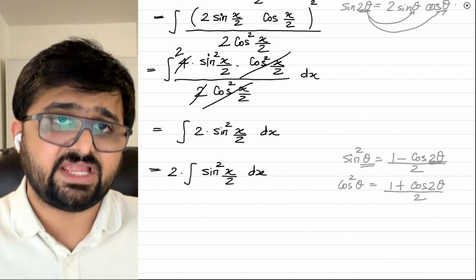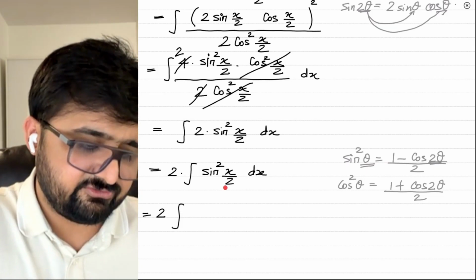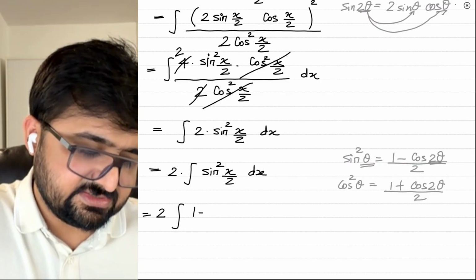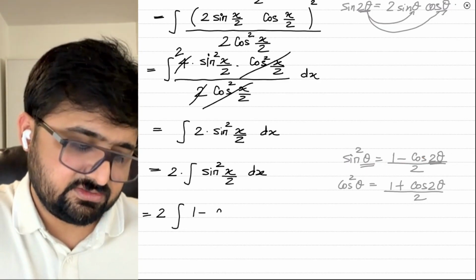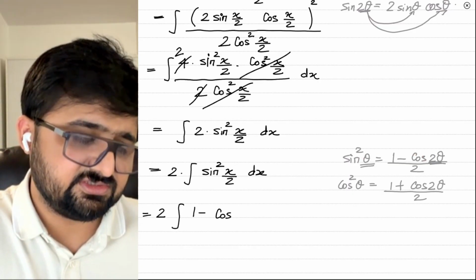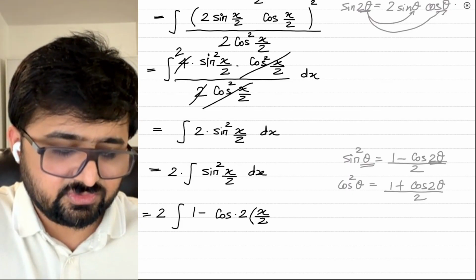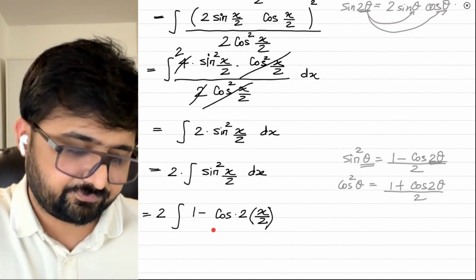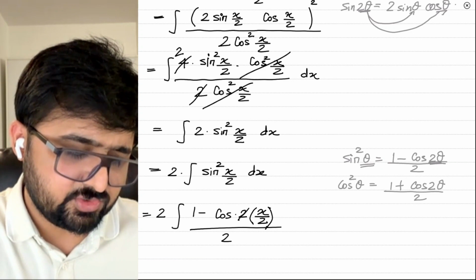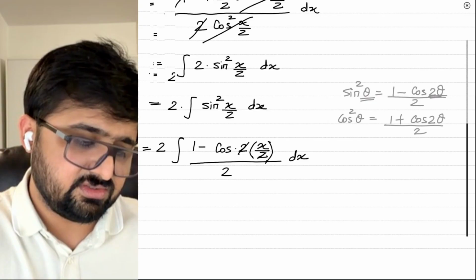So what you get here is 2 times integration of sine square, which is 1 minus cos, where the angle is double, so theta will become 2 theta, so x by 2 will become 2 times x by 2. Note that the angle is becoming double. Divide by 2, and that 2 and 2 will get cancelled. Don't forget to write dx here.